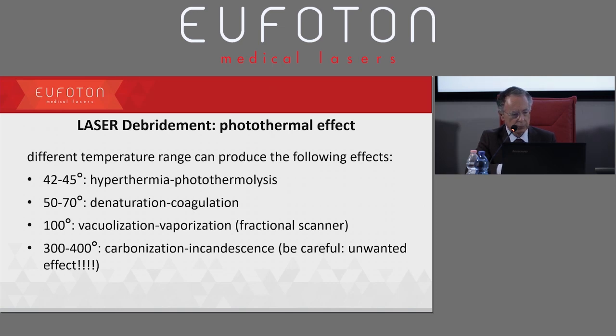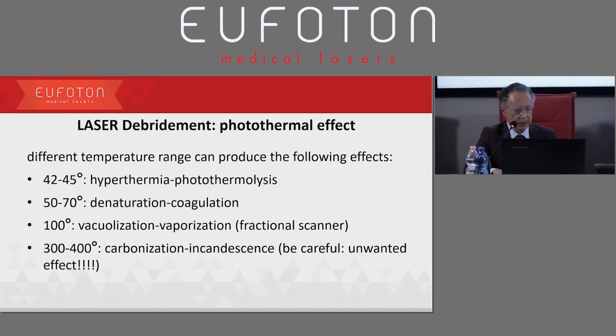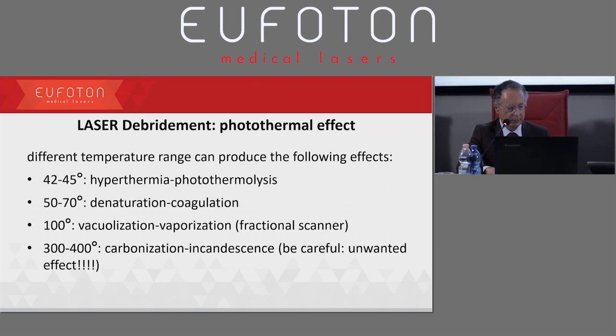So according to the temperatures that we can reach, we can have several effects on the skin. With low temperatures, we can have hyperthermia and photothermolysis. With higher temperatures, we have denaturation and coagulation. At 100 degrees, we have vacuolization and vaporization.